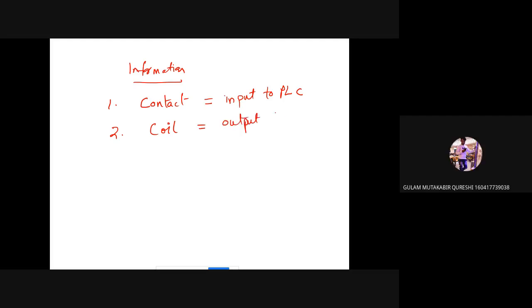Output from PLC. Correct? Output from PLC.